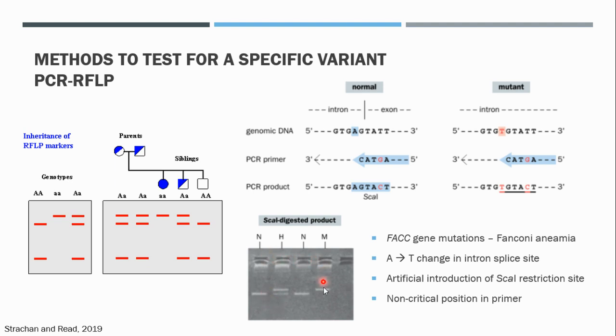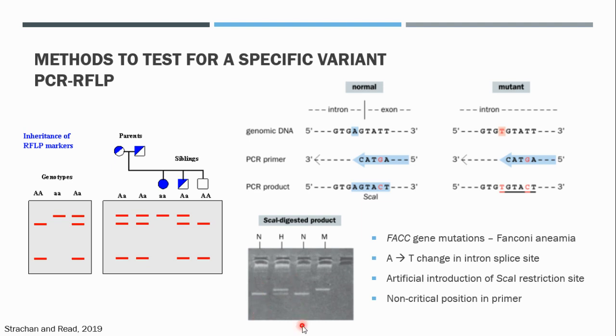And here, if we look at the gel, patients with the normal genotype have a shorter PCR product. Patients with the mutant genotype have a longer product, whereas patients who are heterozygous would have both products. Now remember, the small portion of the primer that has been cleaved is not shown on the gel, which would be 20 nucleotides over here and over here.